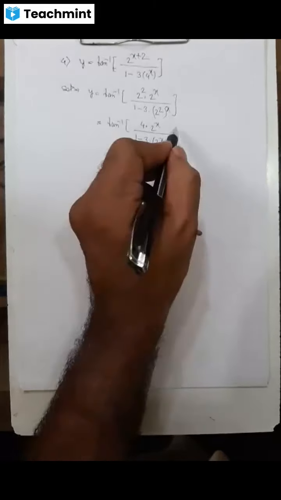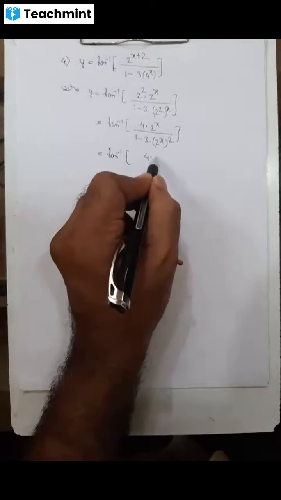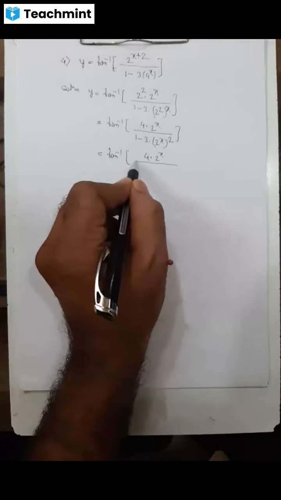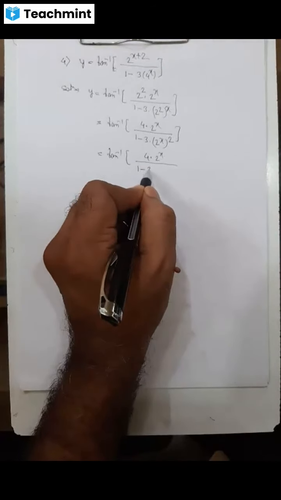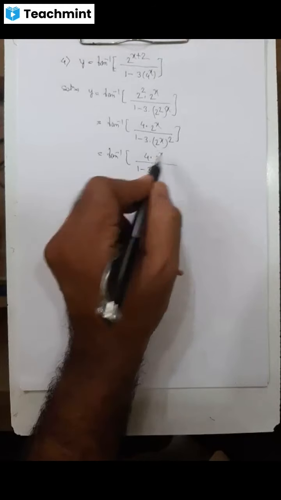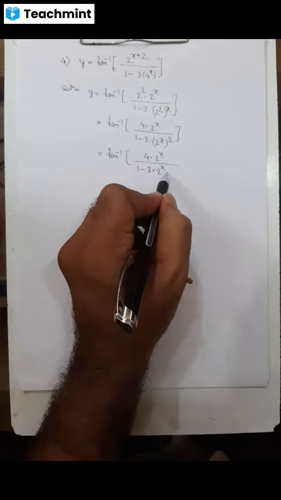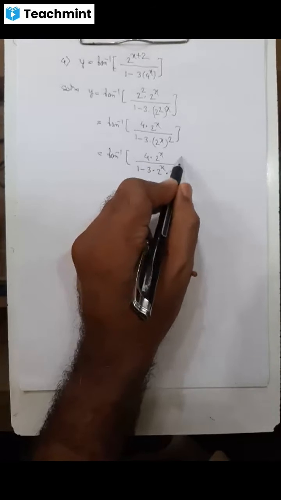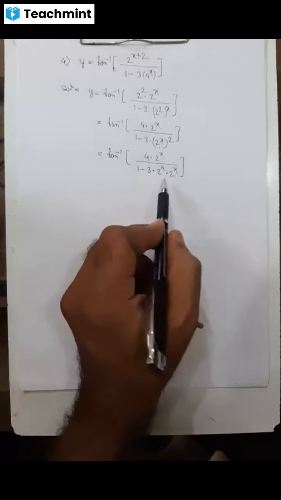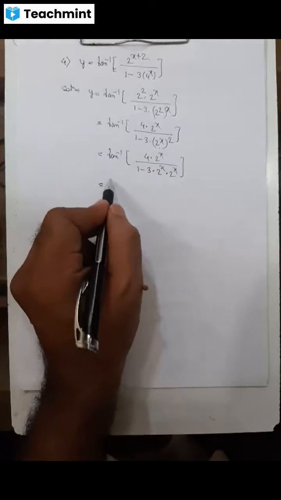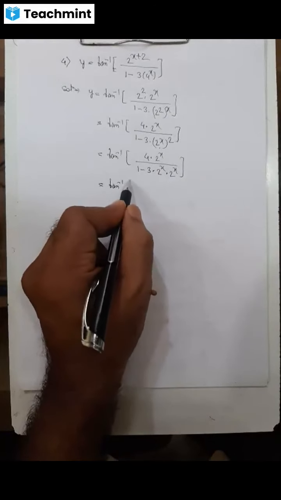So it is equal to tan inverse in bracket 4 times 2 to the power x divided by 1 minus 3, 2 to the power x square can be written 2 to the power x into 2 to the power x. We can write bracket square, so write separately. And now we can put in standard form like this.